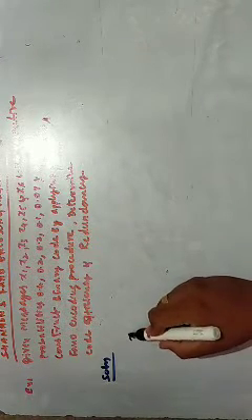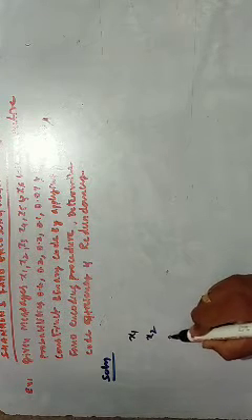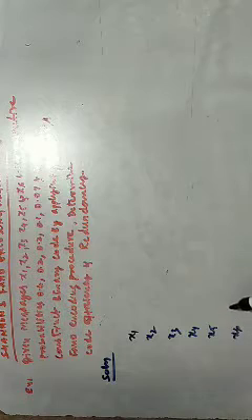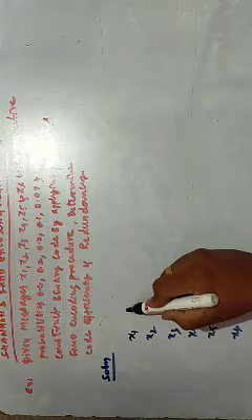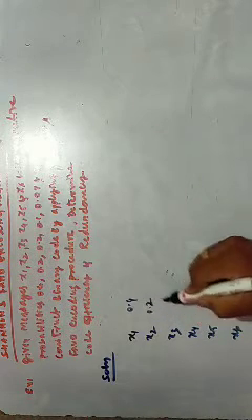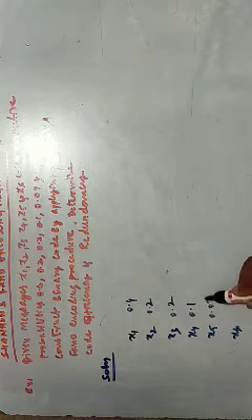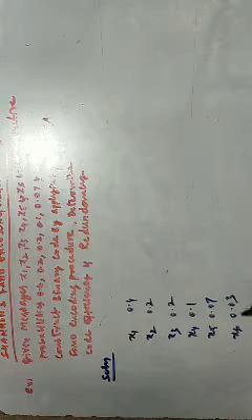The given question itself is already in the non-increasing order. So I'll write x1, x2, x3, x4, x5 and x6. x1 has probability 0.4, then 0.2, 0.2, 0.1, 0.07 and 0.03.